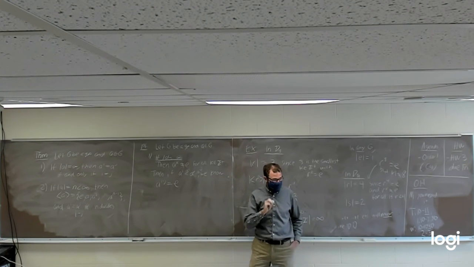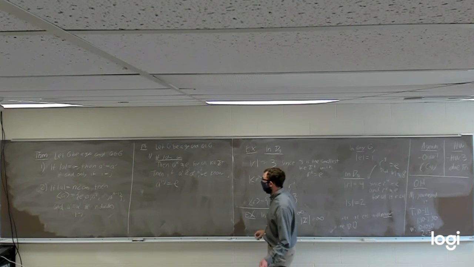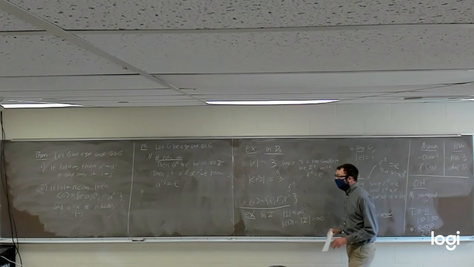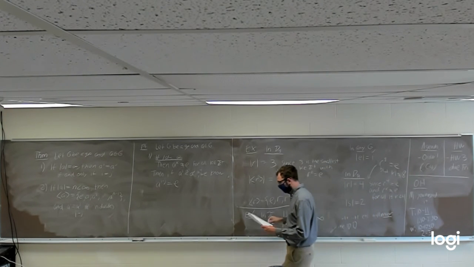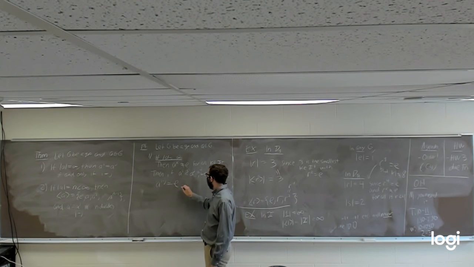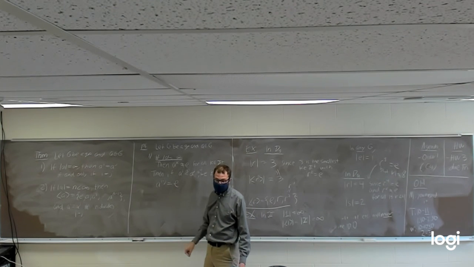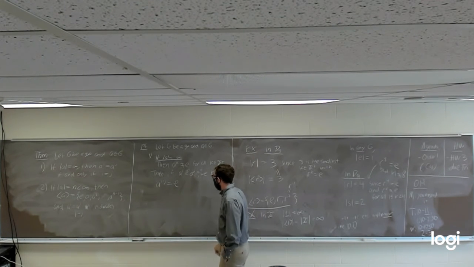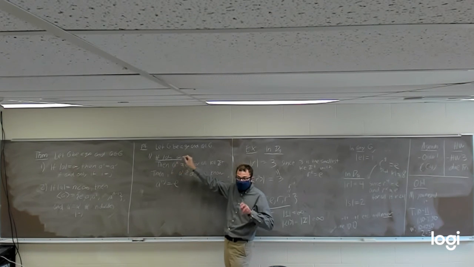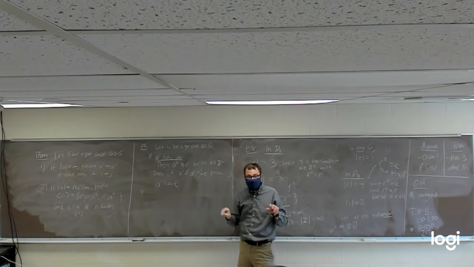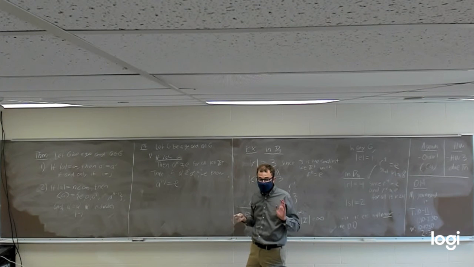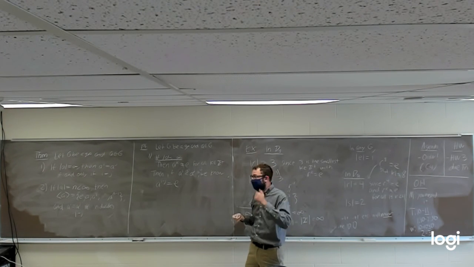The identity, indeed. So if a to the i and a to the j are equal, we know a to the i minus j is the identity, right? But if a to the i minus j is the identity, and a to the k is never the identity for any positive value k, what do we know about i minus j? It's going to be 0.